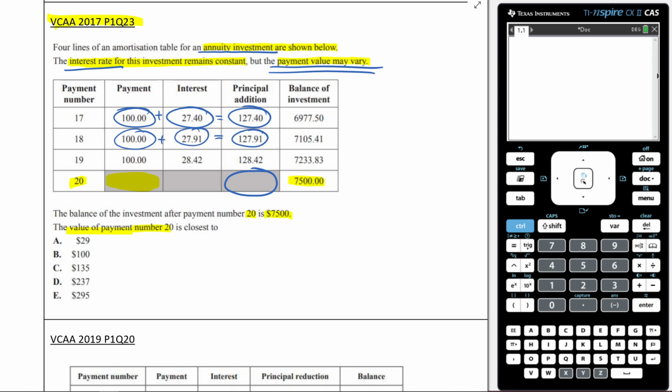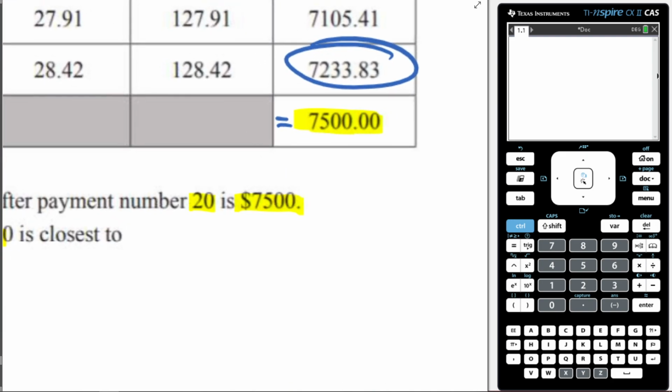Notice how this is different from a reducing balance loan. That's the first thing you want to take note of: I have to figure this out, plus that, to get this. Now, if I know my previous balance of the investment is 7233.83, and the next one is 7,500, then I can figure out this one pretty easily.